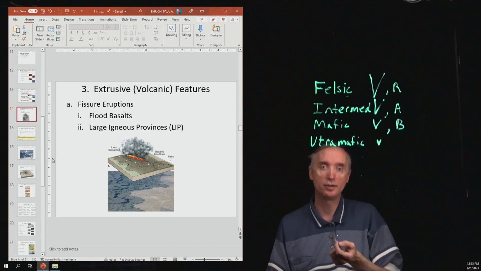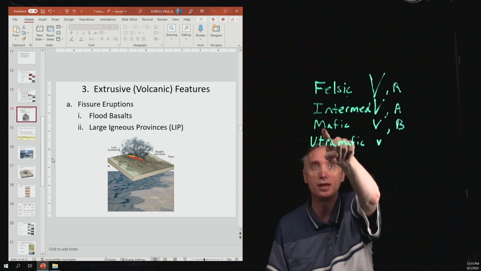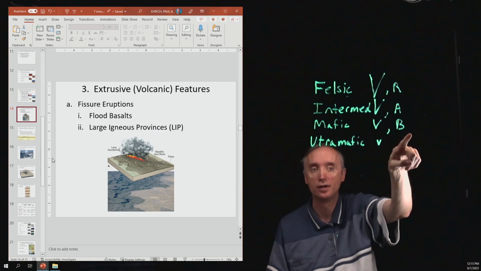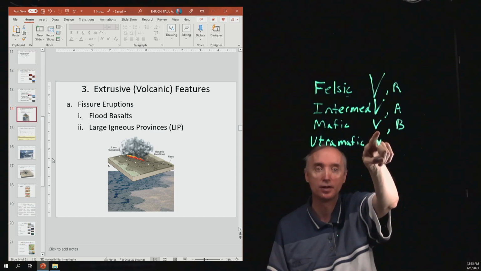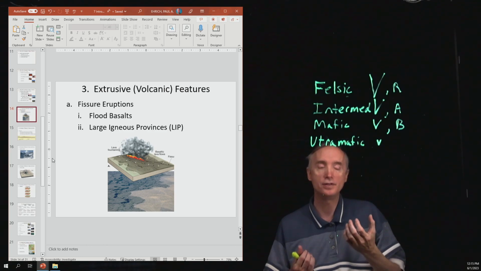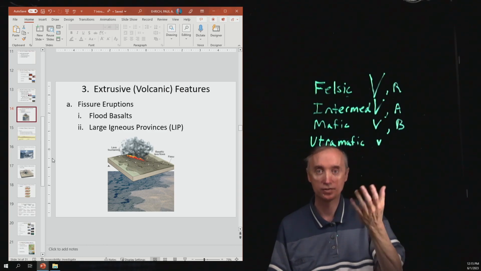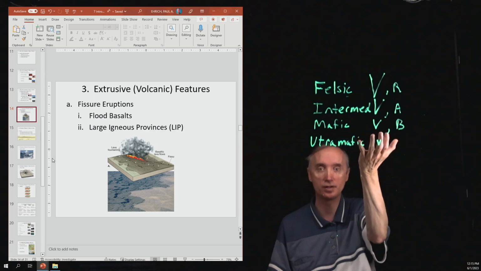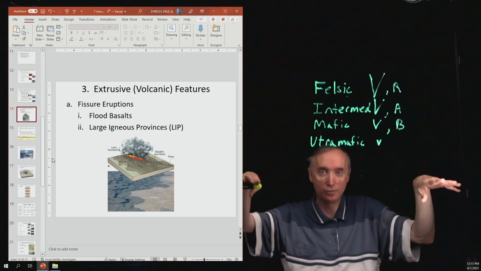So let's begin by talking about what happens when you've got mafic materials. Mafic materials are not going to be very viscous. They tend to be very runny, and so these kinds of lavas tend to make flood basalts, so that when they come up to the surface, instead of making a volcano, they just run sideways.